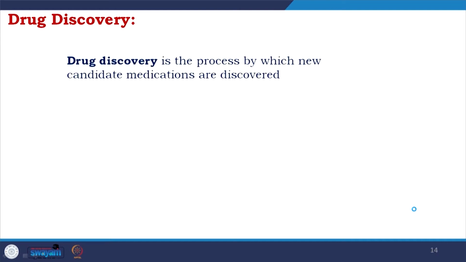So, coming back to drug discovery, I hope you could understand my unique definition of drug discovery. From there, let us proceed. Drug discovery is the process by which new candidate medications are discovered.